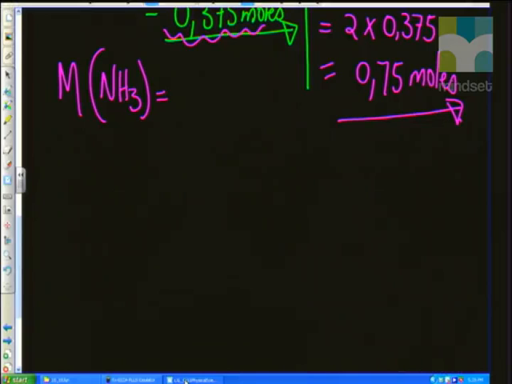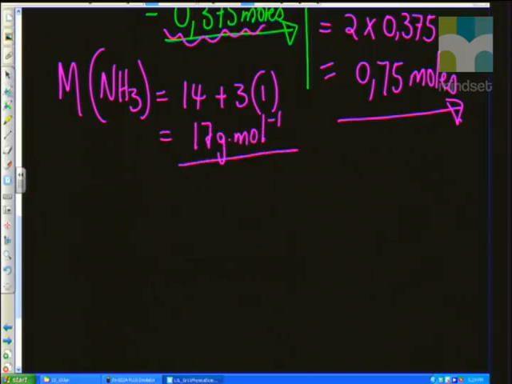I don't have my periodic table here with me, but let me see. It's 14 for nitrogen plus 3 into 1 for hydrogen. So this works out to be 17 grams per mole. That is the molar mass. Why am I doing this?